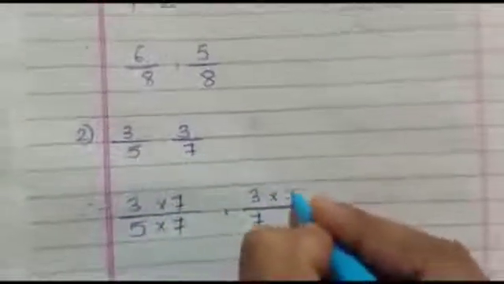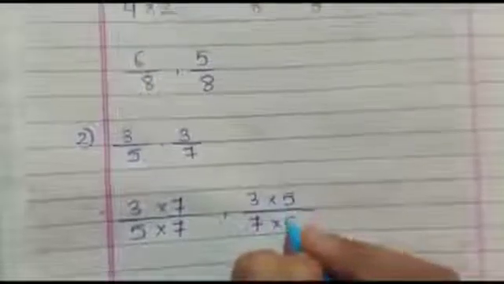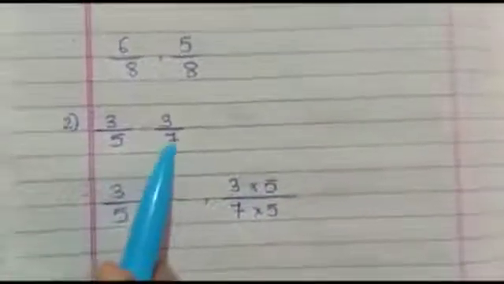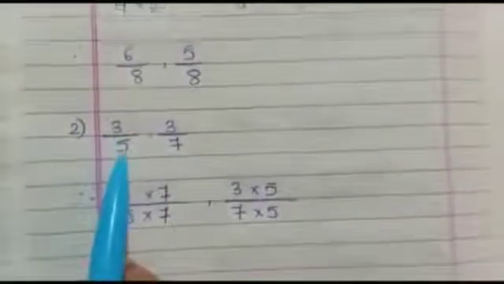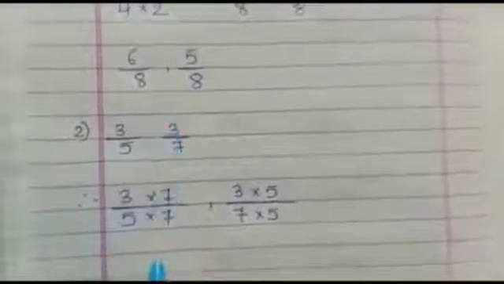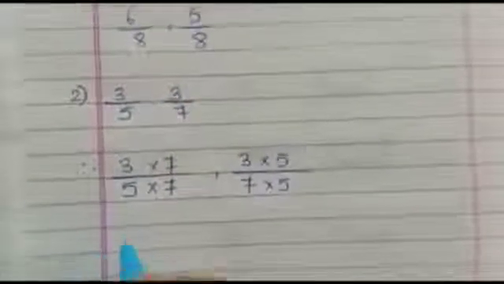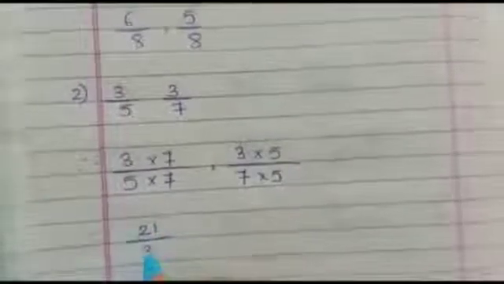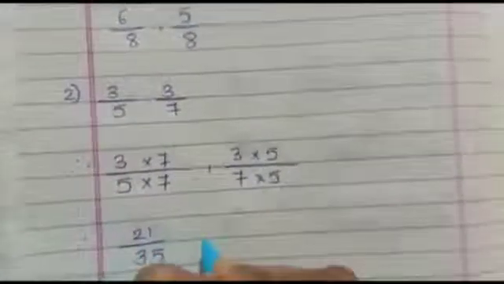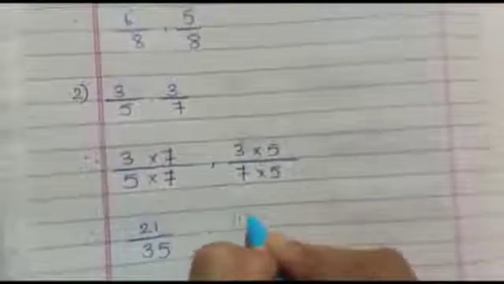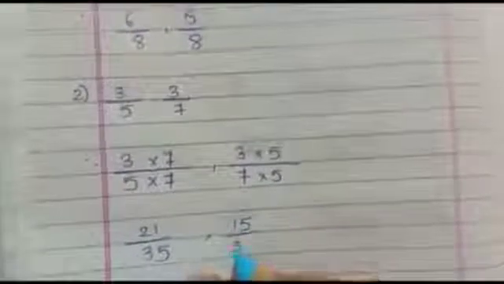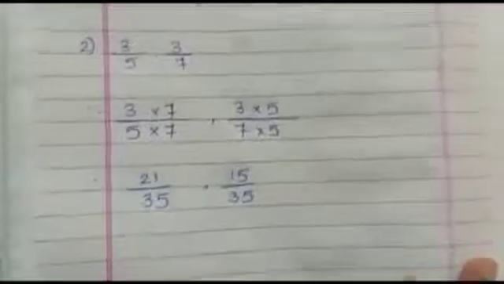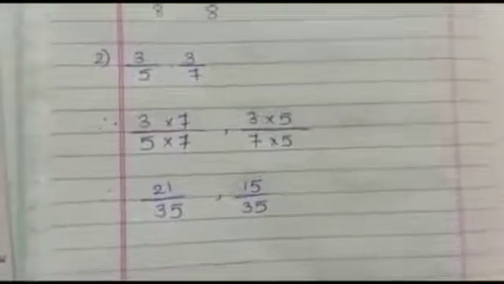That is called क्रॉस मल्टीप्लिकेशन. ओके, ये 7 को ये फ्रैक्शन से मल्टीप्लाई किया और this 5 you have multiplied with this fraction. Now let us solve it. 3 7s are 21, 5 7s are 35, 3 5s are 15, 7 5s are 35. So now your denominators are equal. Yes, you have converted it into like fractions.